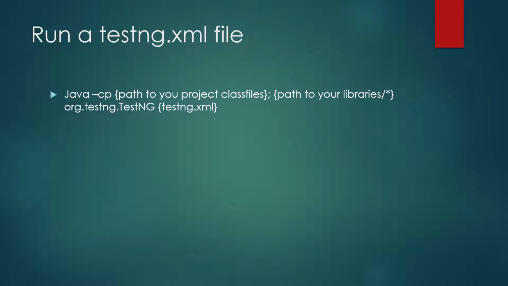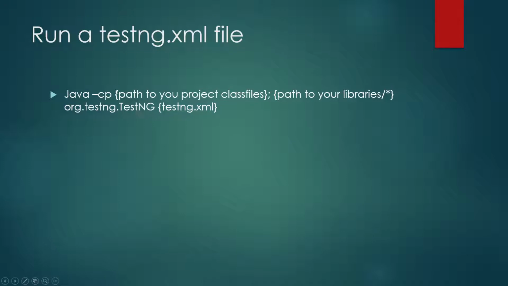If you are not able to follow this, then I would still encourage you to go back to the first video and watch it, come back to this, and you'll understand. And then this is the package and the class that we are passing in the command line, org.testng.TestNG, and this is the class that we are using.